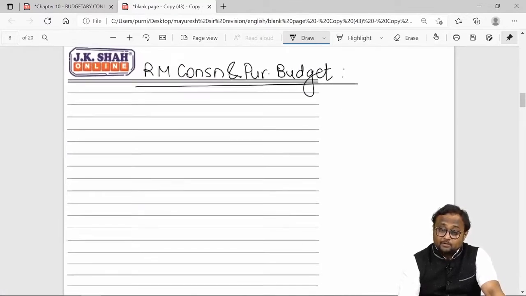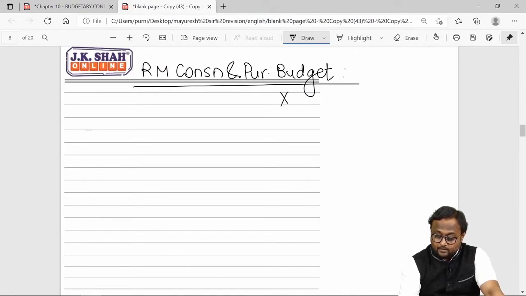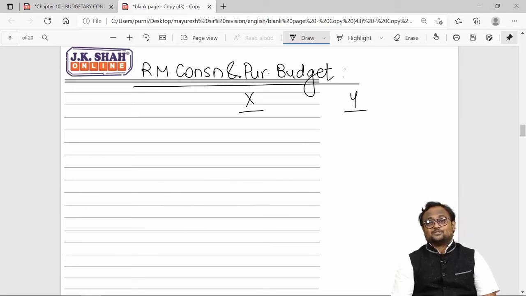Since I'm dealing with material, I'm going to open two columns of material, X and Y. A and B were my finished goods, but X and Y are my materials. Since I'm going for material information, I'm going for material columns.